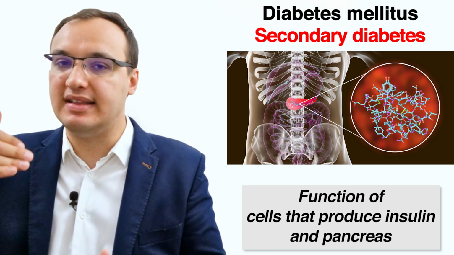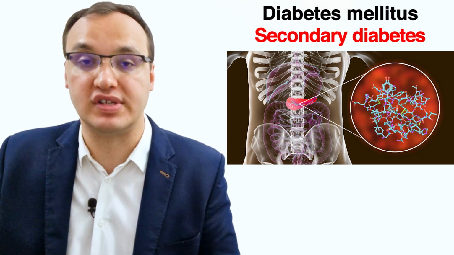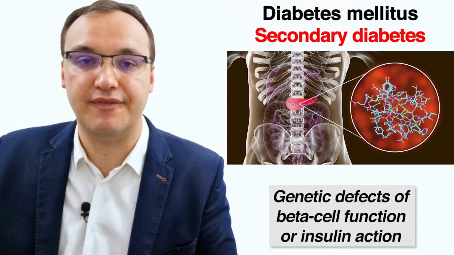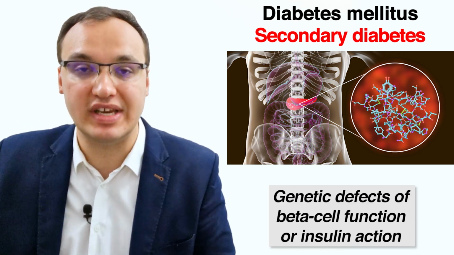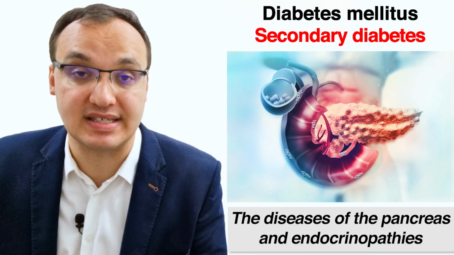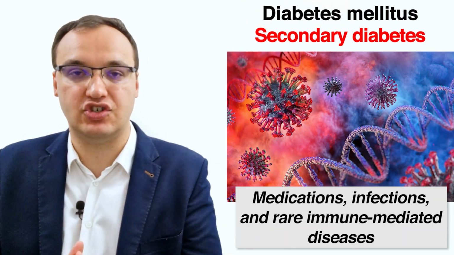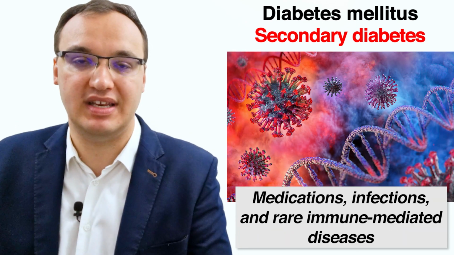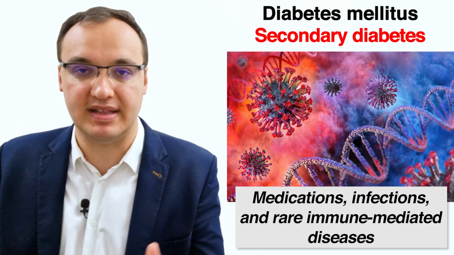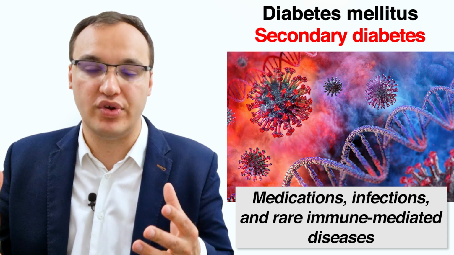And therefore, it is understandable that the specific types are grouped by etiology or causes. And these are the genetic defects of beta cell function or insulin action, and the diseases of the pancreas, and endocrinopathies or hormone disorders also play a role. So the effects of medications, infections, and rare immune-mediated diseases can all lead to diabetes, and there are even other genetic syndromes sometimes associated with diabetes.